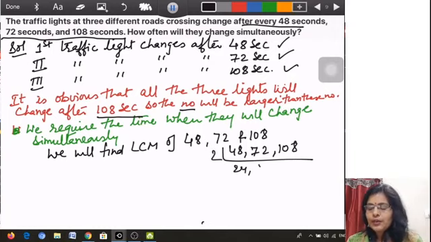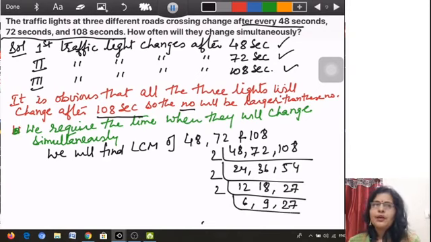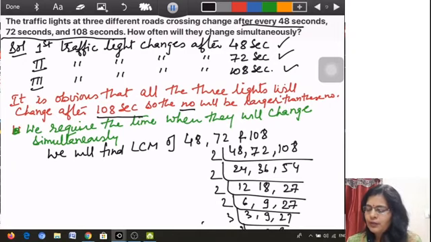Dividing by 2 and 3 repeatedly, we get the LCM. So LCM will be 2 to the power 4 into 3 to the power 3.